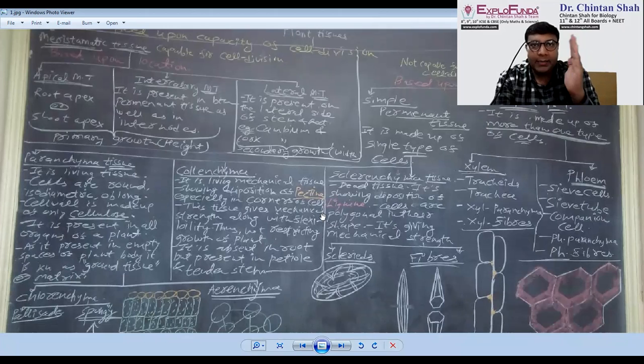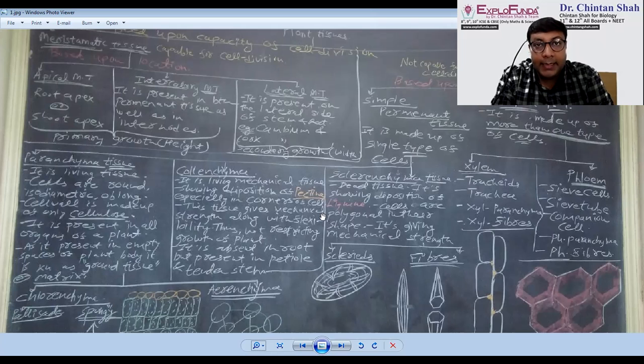If it were not made up of collenchyma, then this leaf would be detached from the plant. So it's good that it's flexible. It is not arresting the growth of the plant, and that's why secondary growth can happen in the tender stem. Now comes a very rigid kind of tissue, which is known as sclerenchyma tissue.